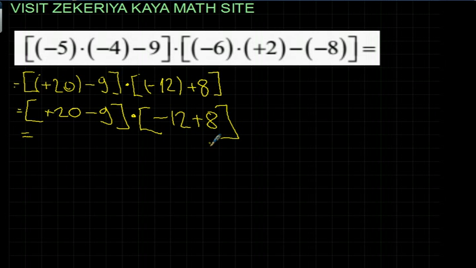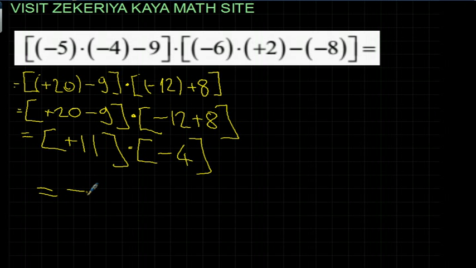Inside of each parenthesis, we have plus minus numbers and we must calculate them. 20 minus 9 makes 11, and plus 11 times minus 12 plus 8 makes minus 4. How you wrote is very important, okay? Between them, there must be times. The way you wrote, it looks like another minus. So, minus times plus, they have different signs. It will be minus. 4 times 11 will be 44.